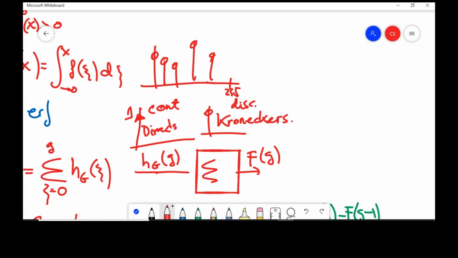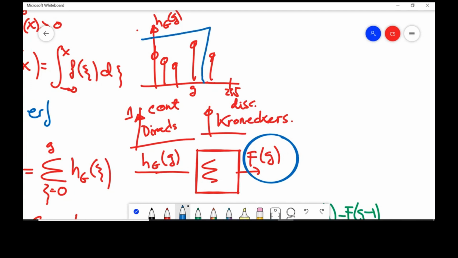Let's say that this axis is t, and this is d. So let's use a different color. So this F of t here is the sum up to d. This is F of d.